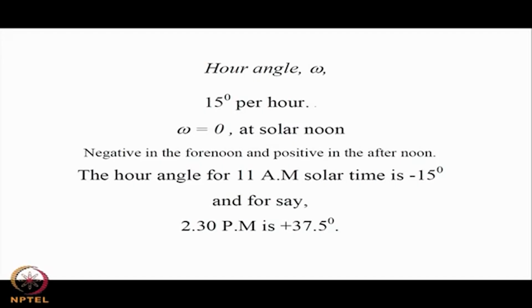Some books write the other way around also, but what we follow is like as I gave an example, 11 a.m. the solar time, our angle is minus 15 degrees, and 2:30 p.m. for example, is plus 37.5 degrees.